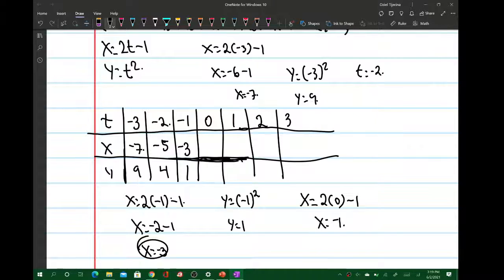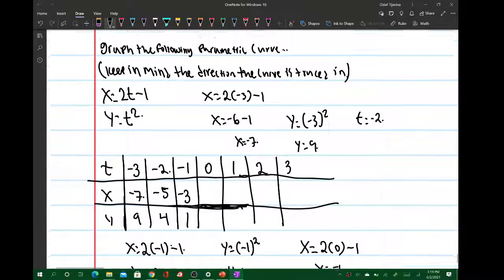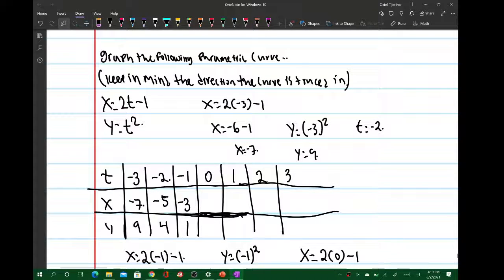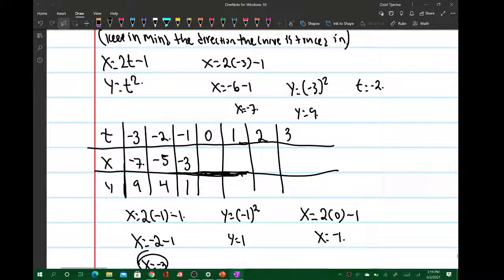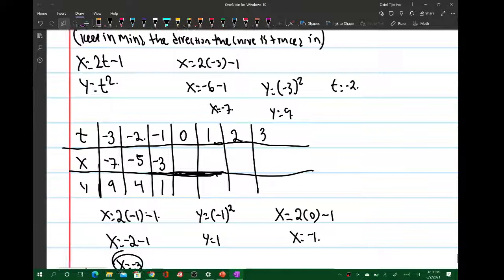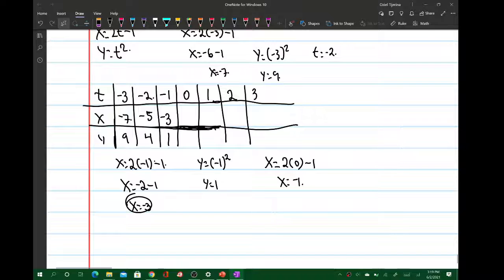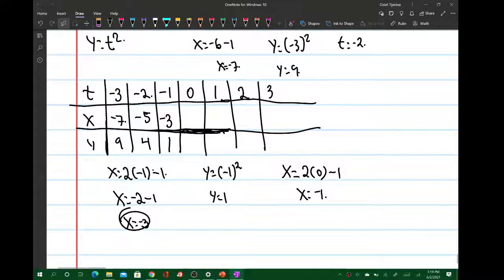Now I did it from -3 to 3 because sometimes they're going to give you an interval, other times they don't, so you kind of have to see, okay, if I plug in 9 for x, is it going to give me a big number? It really depends, and that'll tell you how to draw your graph, because it'll tell you what is the lowest x term, what is the highest x term, what is the lowest y term, what is the highest y term.